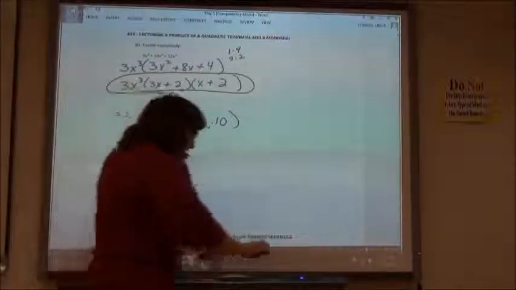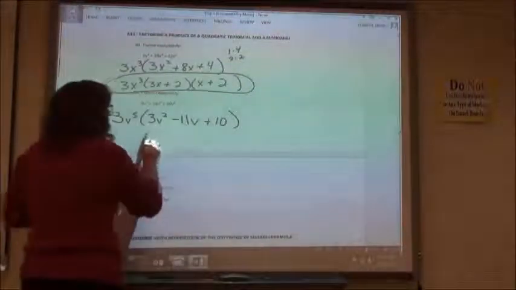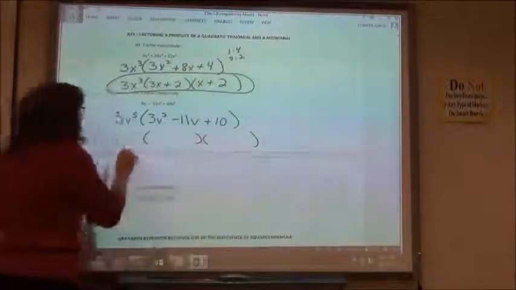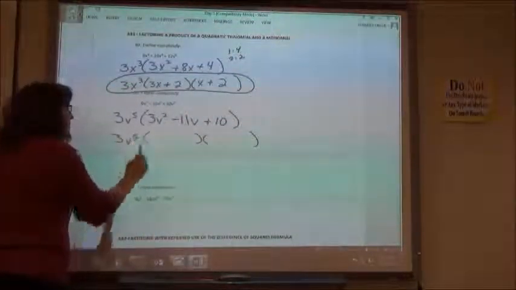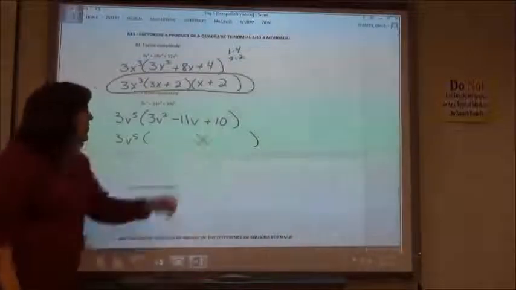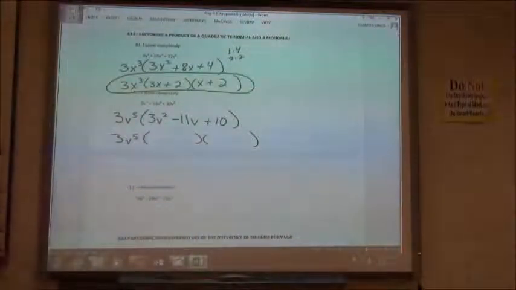Now I'm going to see, can I factor that farther? 3v to the 5th will be in front. And factor what's in the parentheses. So factors of 3v squared.